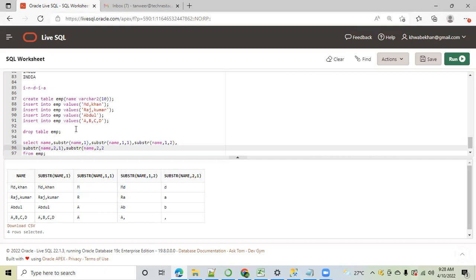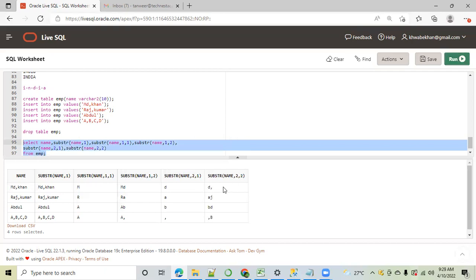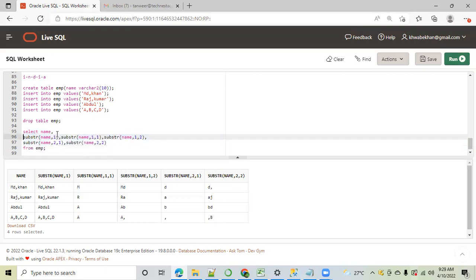What about this? Starting from the second position and 2 characters. So you got D and then A, and J. And then you have substring. Forgot to mention one more example.